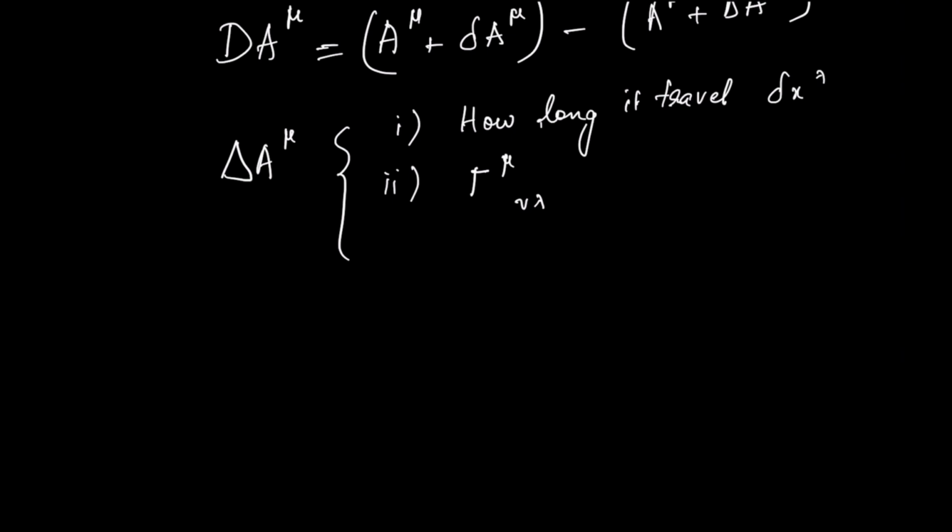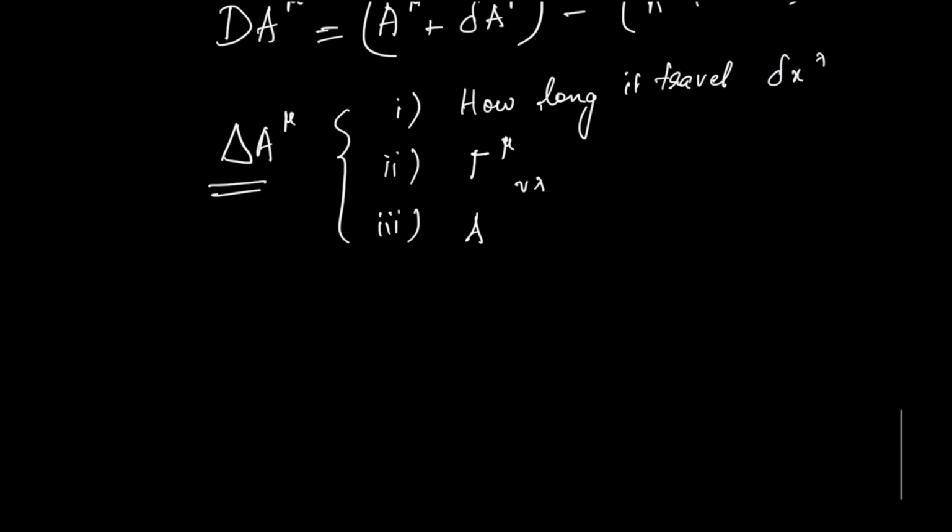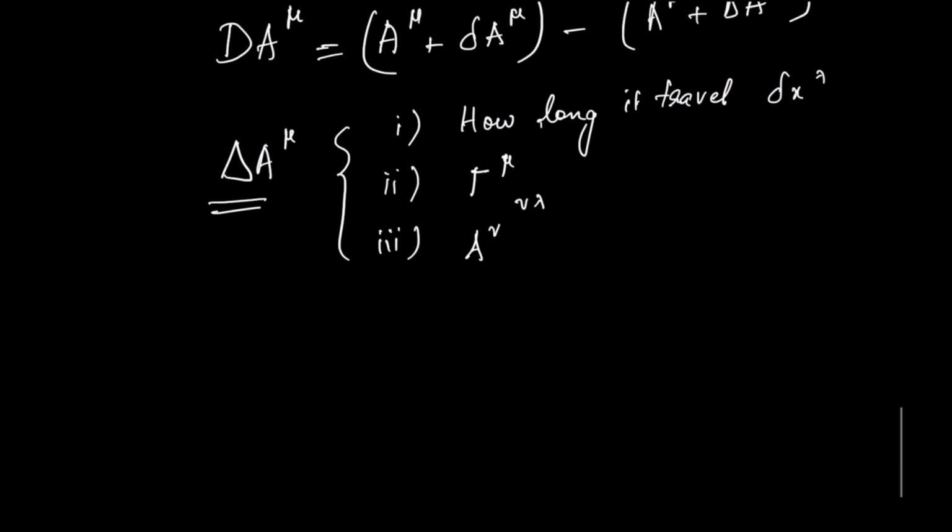We will discuss more about the Christoffel symbol, its definition and its properties, in the next class. For the time being, just understand that the Christoffel symbol represents the metric properties of the space. This change delta A mu also depends upon which vector is being transported, so here it is A nu.